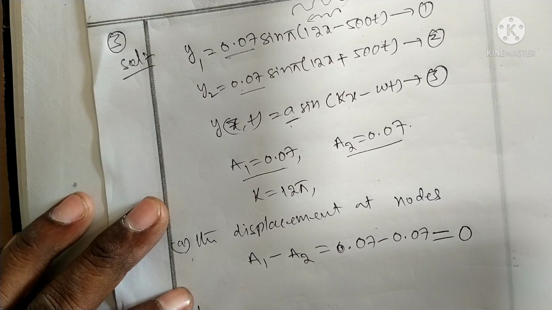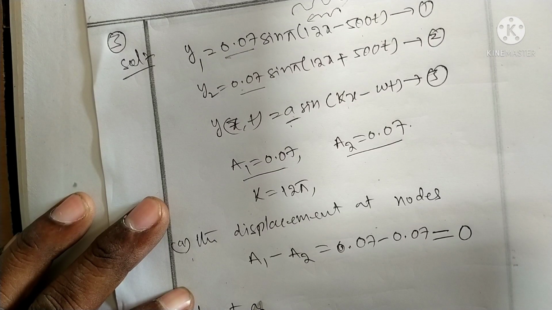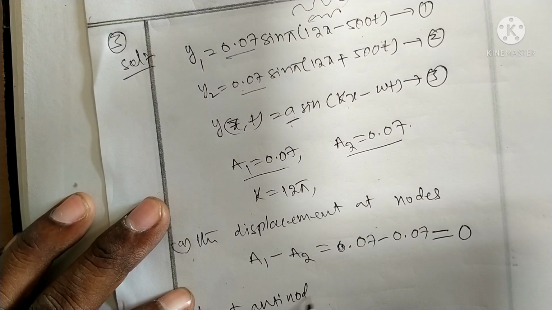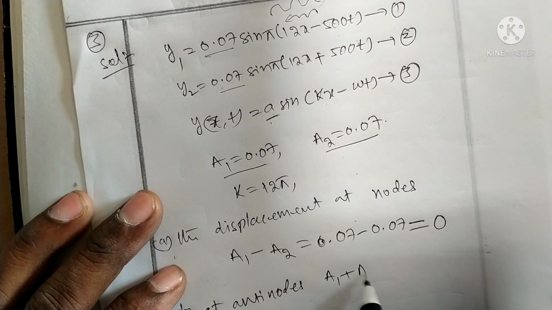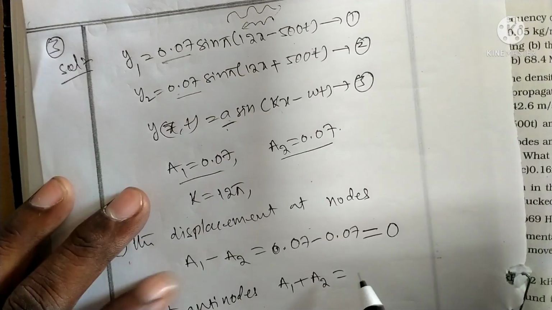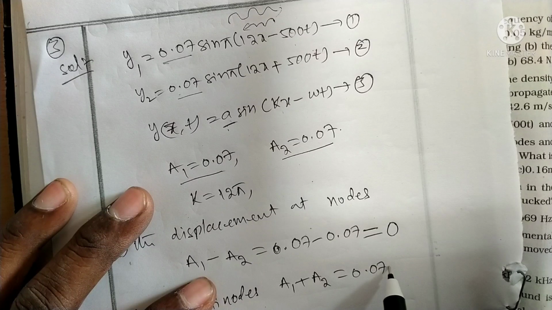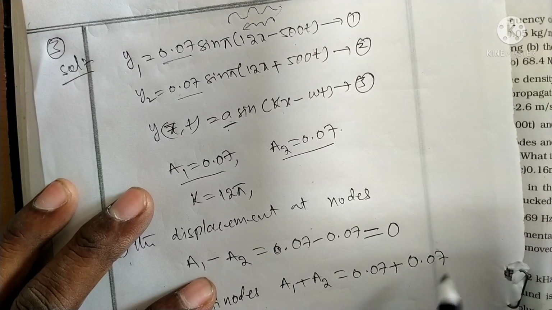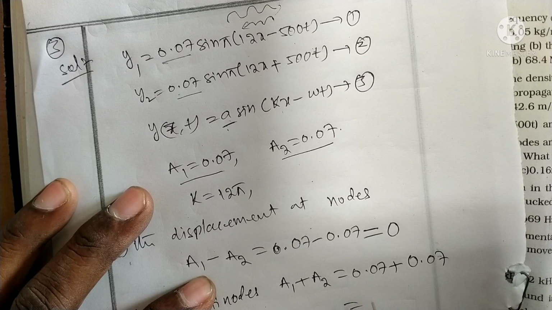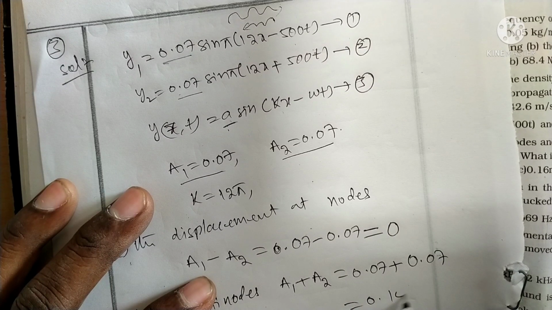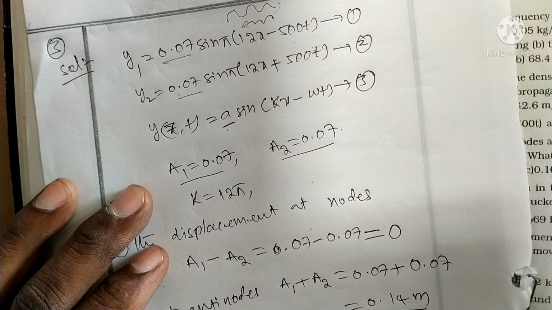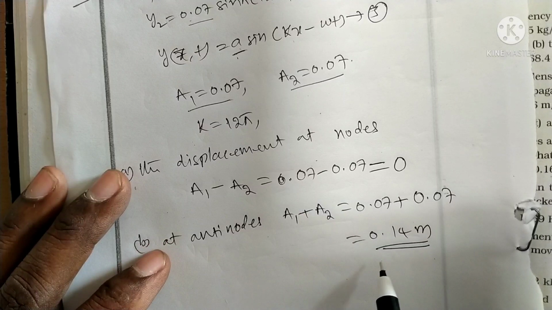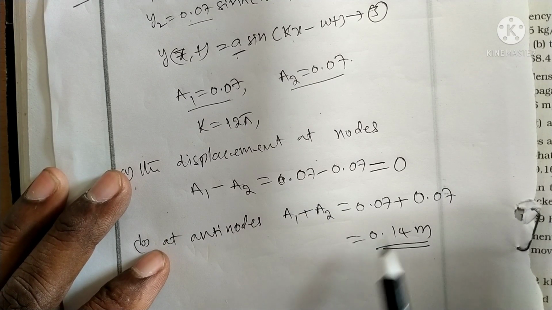Next, the displacement at antinodes: the condition is a1 plus a2, that is 0.07 plus 0.07, which is 0.14 meters. The displacement at the antinode is 0.14 meters.